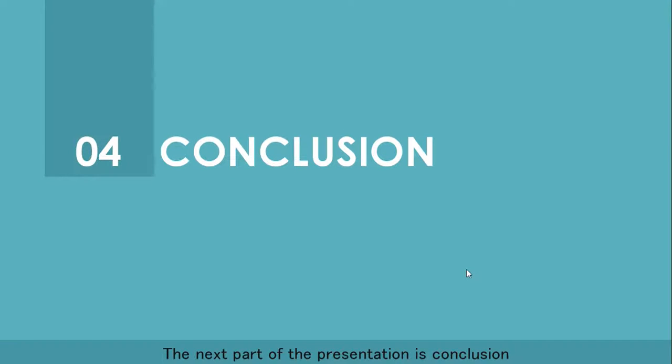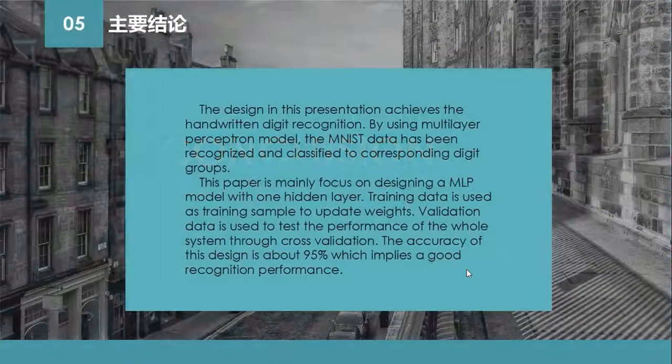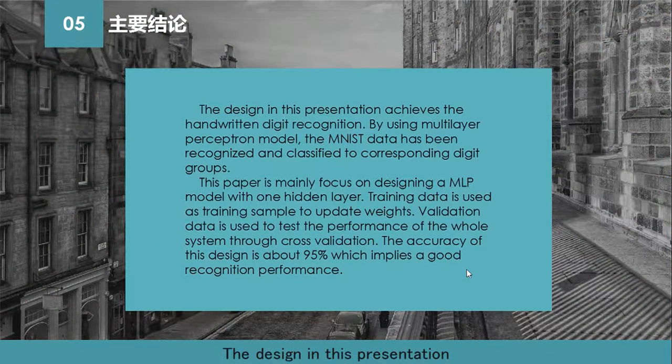The next part of the presentation is the conclusion. The design in this presentation achieves handwritten digit recognition. By using a multi-layer perceptron model, the MNIST data has been recognized and classified into corresponding digit groups.